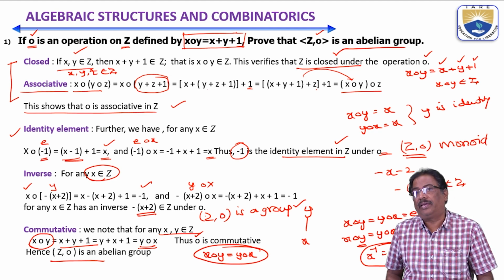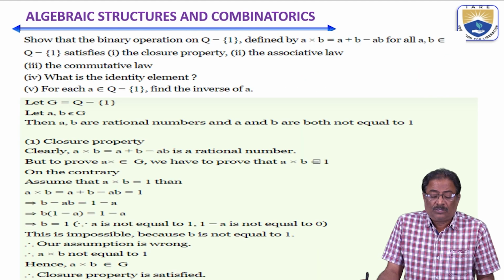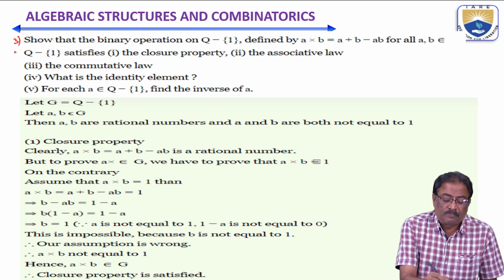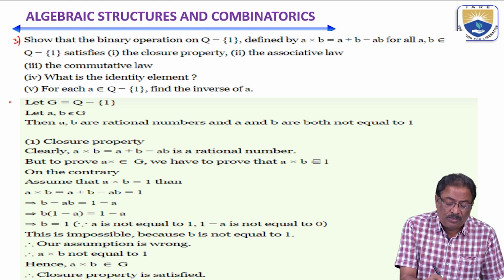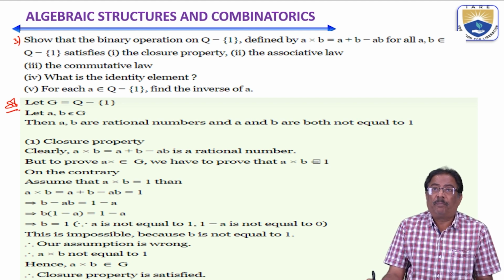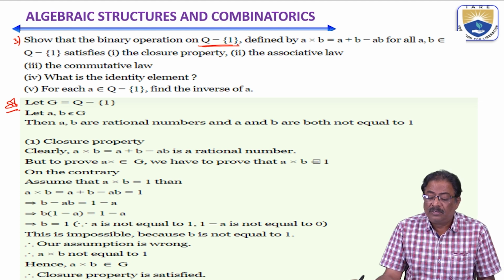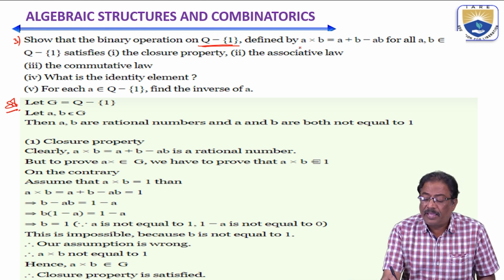Like this we have to do the problems which come under this. Now let us go for another one. Here we are going to show that for every binary operation on Q minus 1, defined by a cross b, and so on, this is the definition.